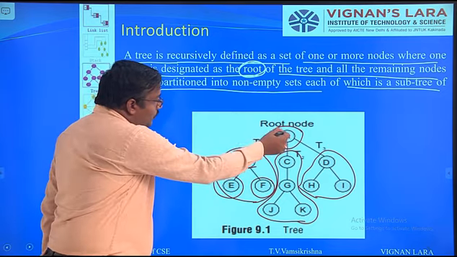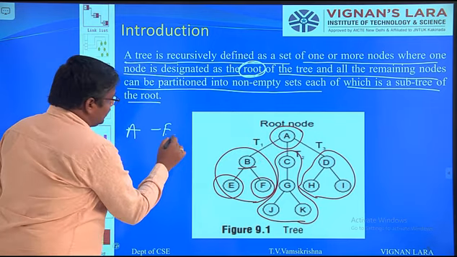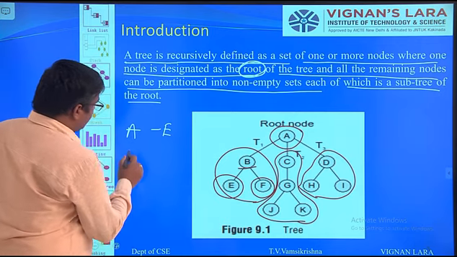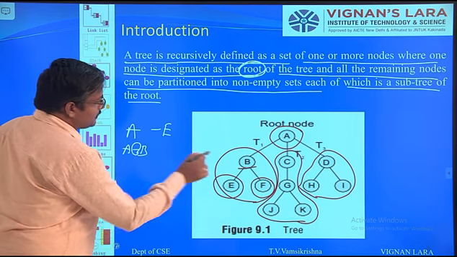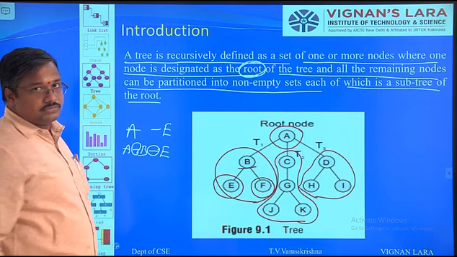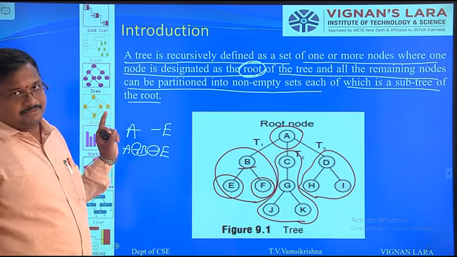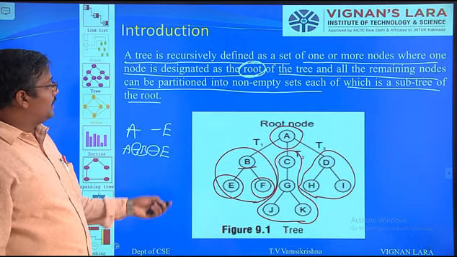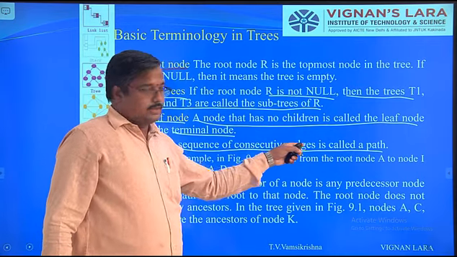So suppose I want to define a path from A to E. First we have to move from A to B. So this is one edge. And next B to E, that is another edge. That is the so-called path. So a set of edges is called a path.